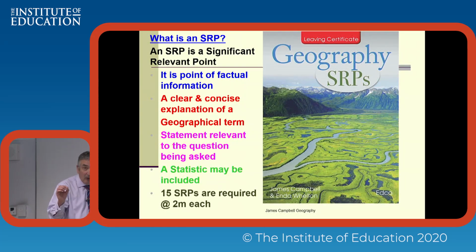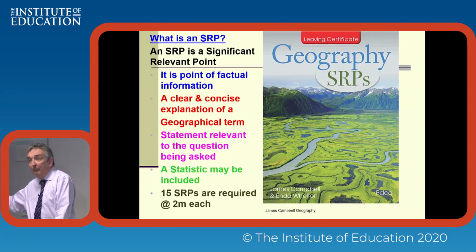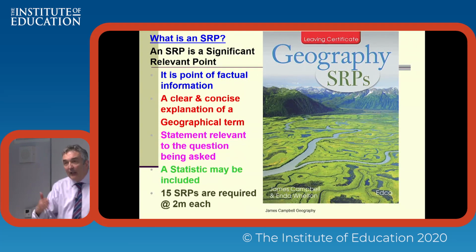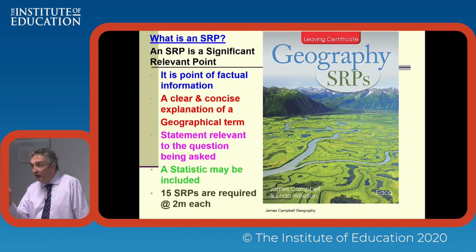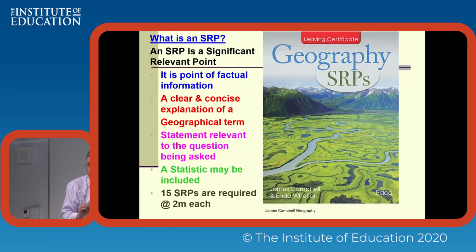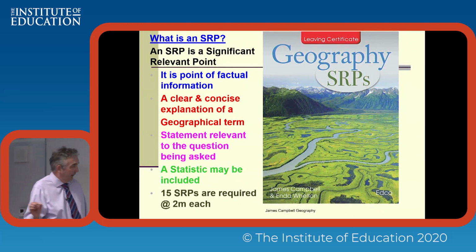A figure or a statistic may be included. Ireland is operating at full employment. Full employment is defined as when 96% of the population who want a job have a job.